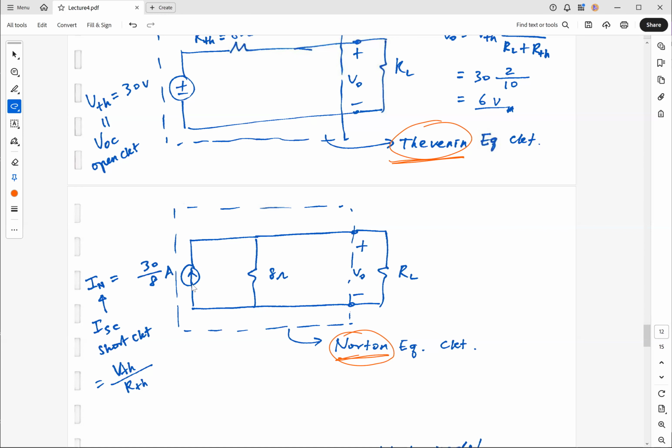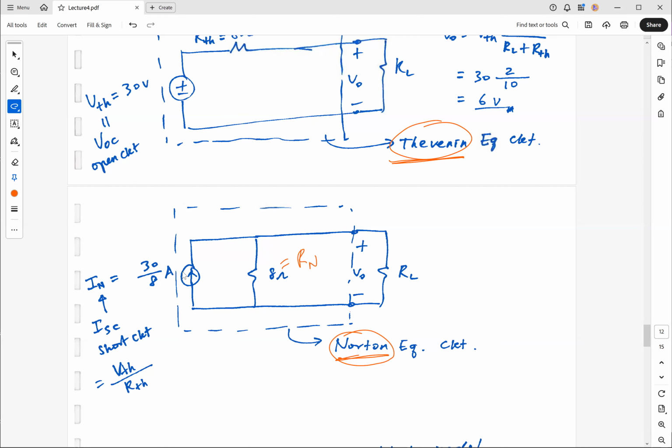One is the current source, and the other one is the resistor. And notice that this current source and this resistor are in parallel. Okay, and this resistor here, R sub n, right? This is my Norton resistance.